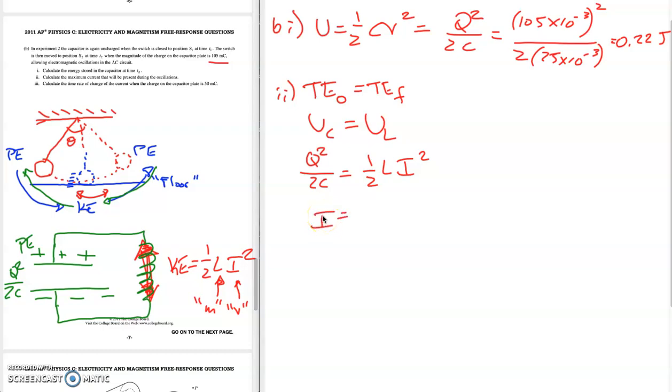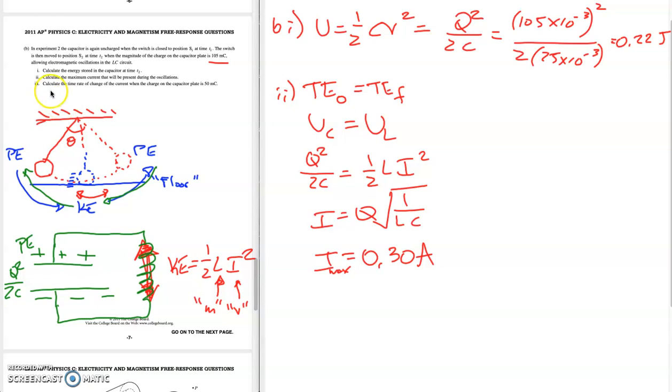So I is going to be Q square root of 1 over LC once we separate everything out. And that will get us a current, when we plug in those numbers, of 0.30 amps. And that will be Imax.